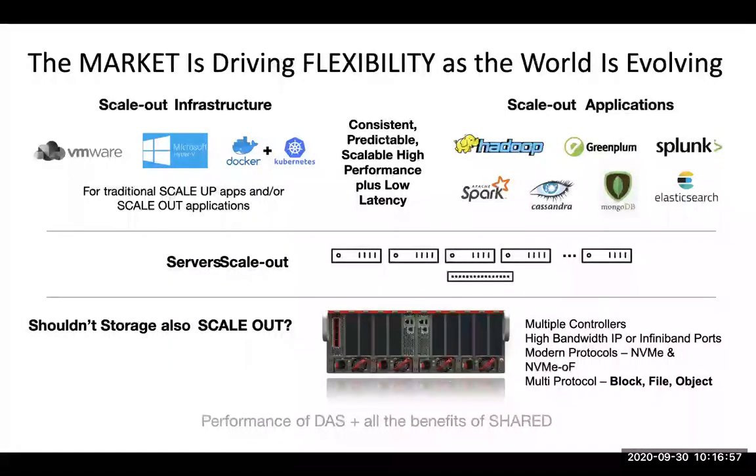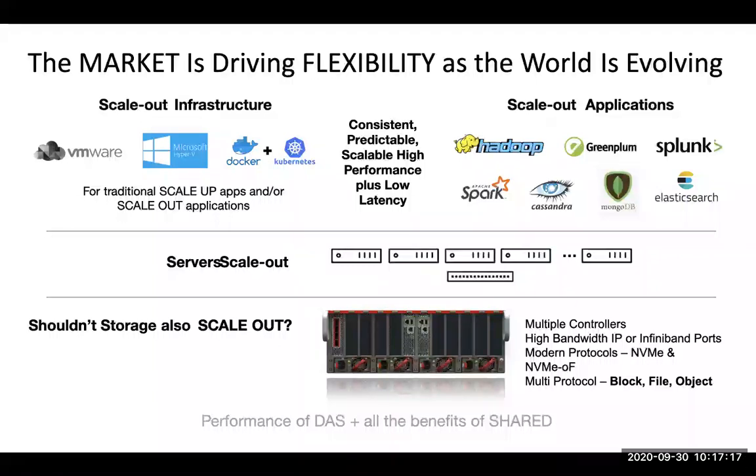And so I guess the question is, what kind of applications are really driving the need for this type of solution? What really needs that extreme high throughput and low latency of NVMe? Well, when you look at the way applications are evolving, one of the things you look at is scale out infrastructure.